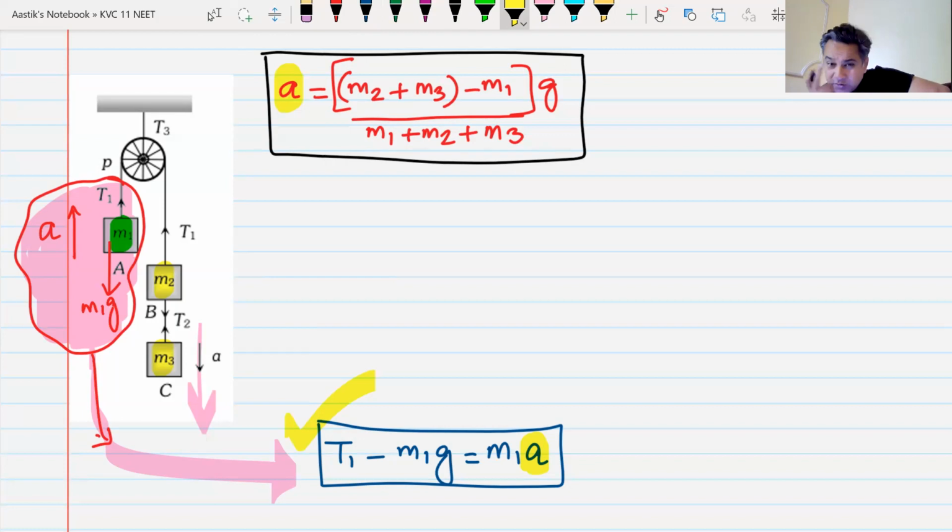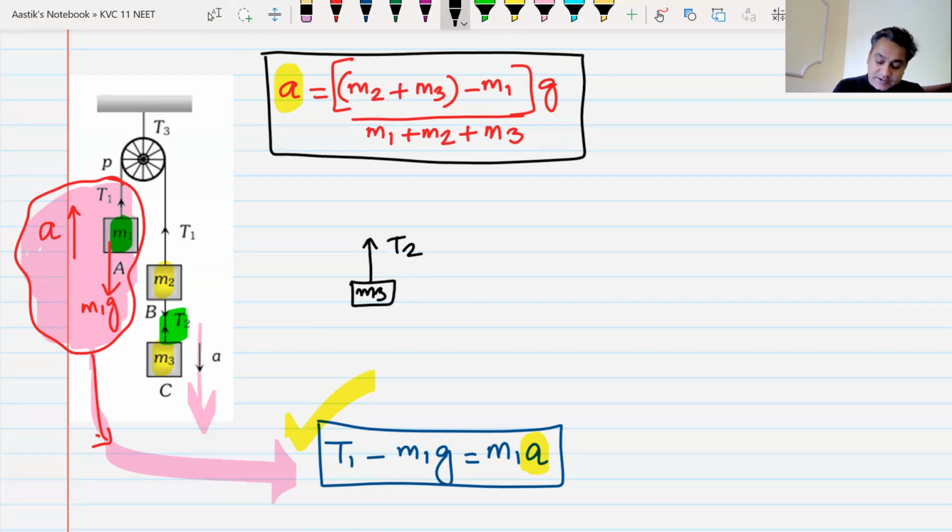Now, we have calculated A, we have calculated T1. The next thing that is left is to calculate the value of T2. If you look at the free body diagram of block 3, T2 is up, M3G is down, and this is going down.